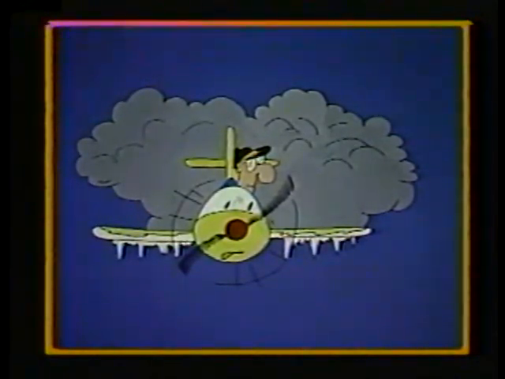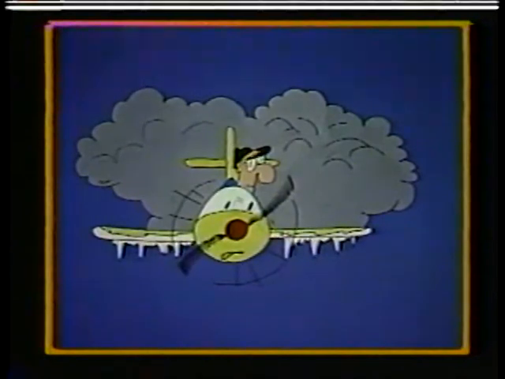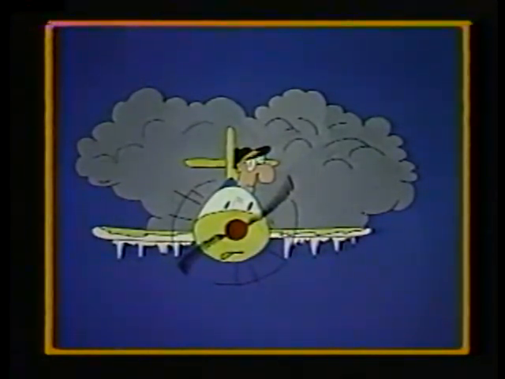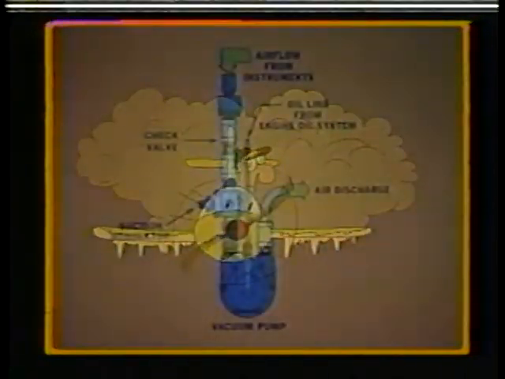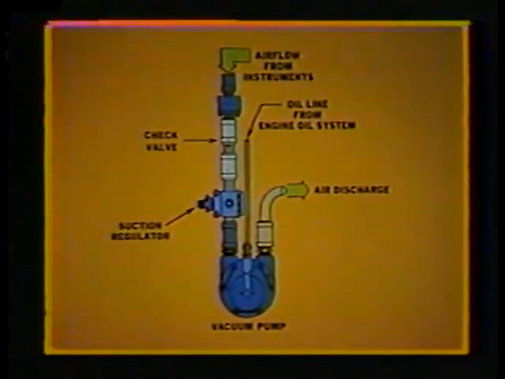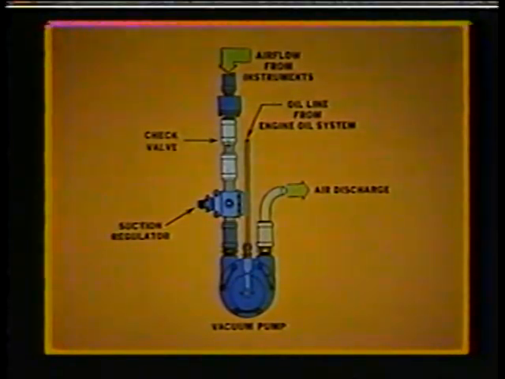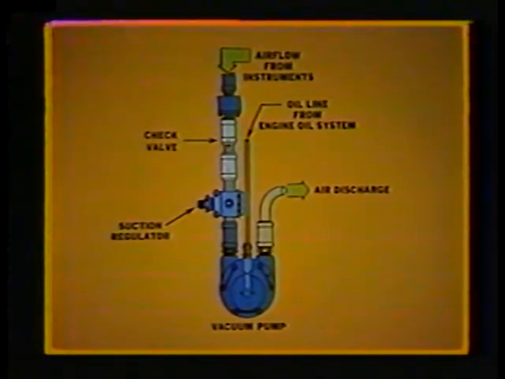But when flying in adverse weather, these venturis were susceptible to icing, making them impractical for flight under conditions where these instruments were needed most. The first mechanical application of aviation pneumatics was the use of an oil-lubricated or wet pump.